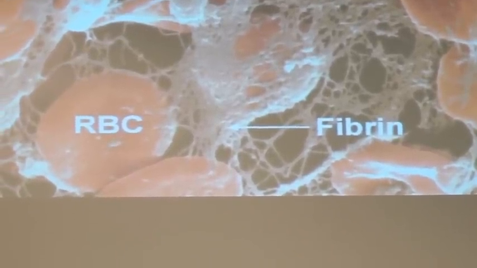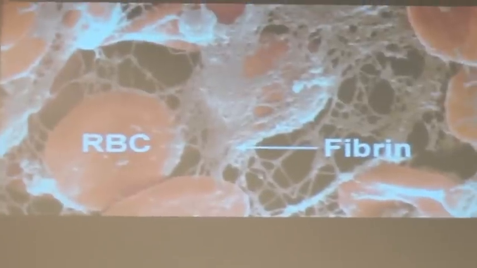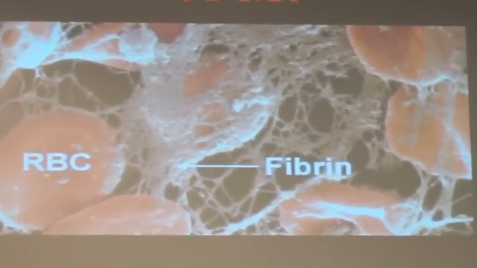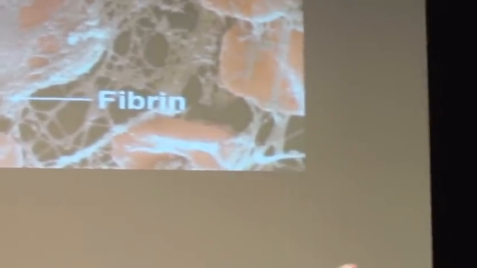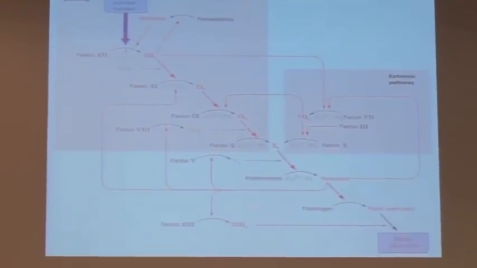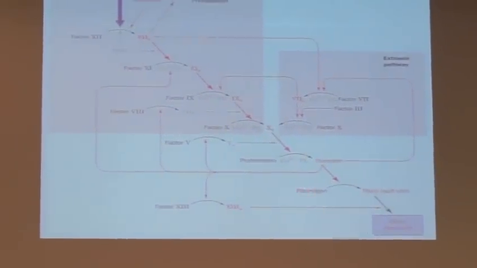It doesn't seem like a big deal. But scientific investigations over the past 50 years have shown that this seemingly simple process is extraordinarily complex. And it's put together by a large number of proteins. A score of different proteins are necessary for this system to work.